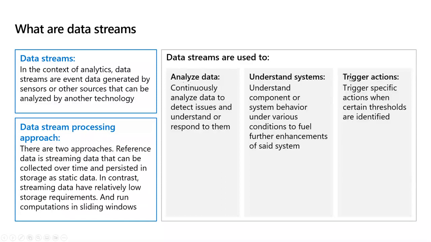Understand systems or trigger actions. Let me give you some examples. For instance, you are working as a data engineer for an e-commerce business, and you want to check out what's going on, like Amazon.